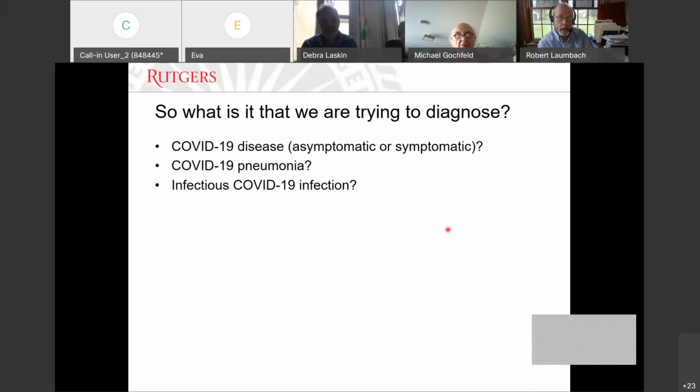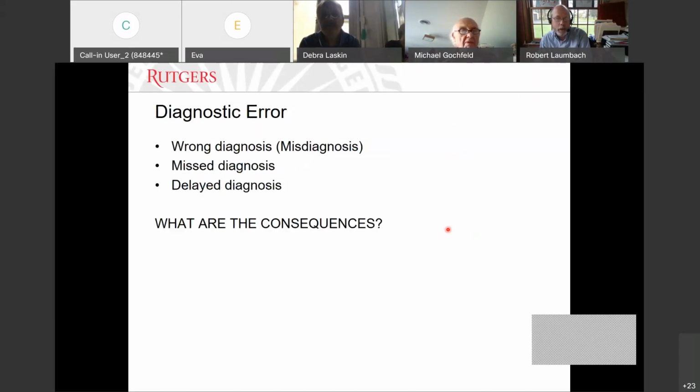Looking at asymptomatic disease is usually more in the realm of screening. Or are we looking at, again, more serious disease like COVID-19 pneumonia, which then has other signs and test results that may be very helpful? Or are we looking at infectious COVID-19 disease, which again could be either in the asymptomatic or the symptomatic phase, or even post-symptomatic, as far as we know, because again, we know very little about the course of the disease.